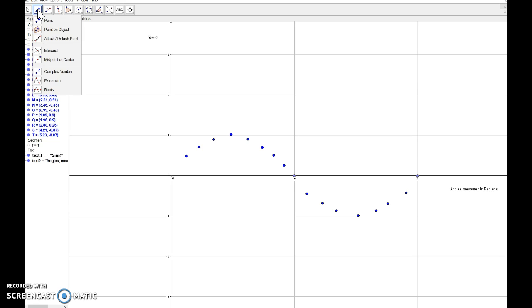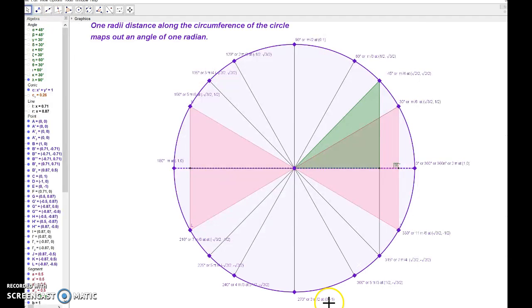Now, because it is a cyclic function and it keeps going beyond 2 pi, this will just simply keep repeating along these same parameters. Now, cosine might start at a different place, so we're looking for the x values or horizontal values. So let's take a look at how these might be different.